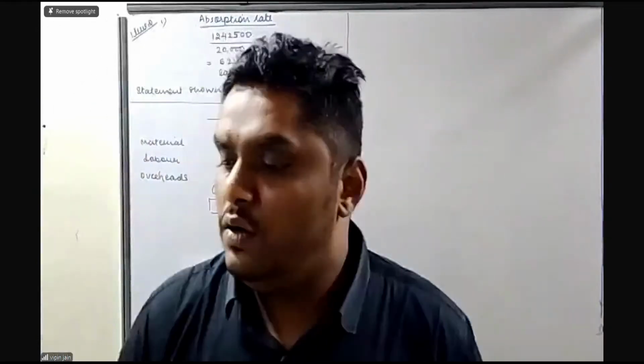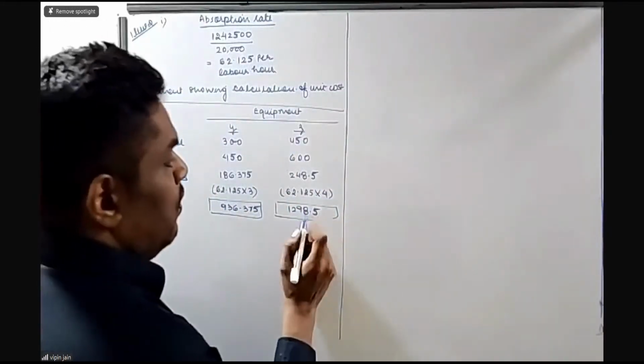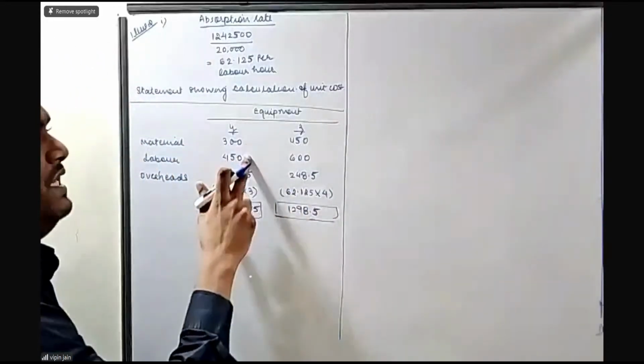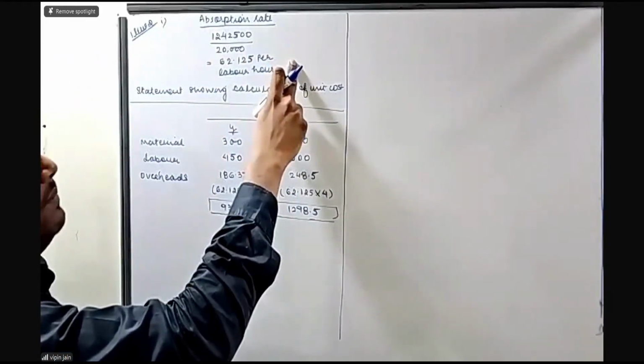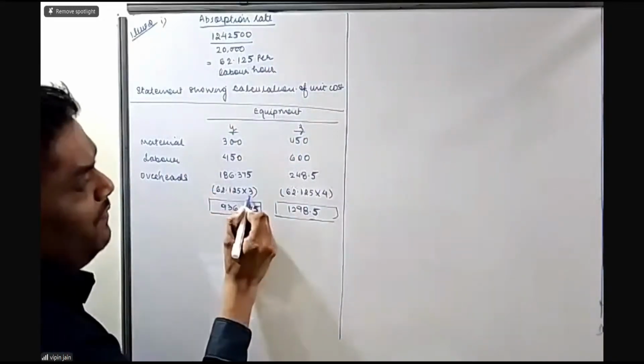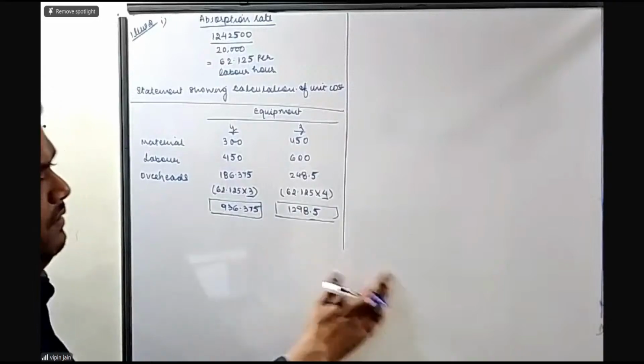So this is the total cost as per the traditional approach, wherein the material cost and labor cost are given. We have calculated the absorption rate as per labor hour, and the labor hours are given: for Y it is 3 and for Z it is 4. That's it.